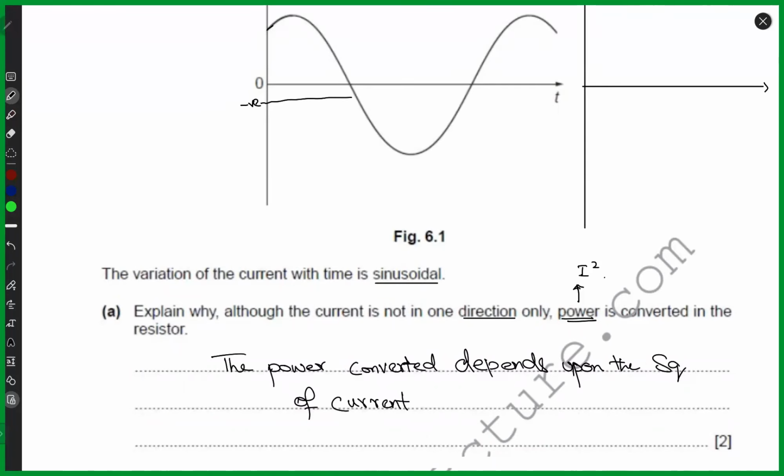And remember, it's for 2 marks, and they have talked in terms of direction as well. So they're saying that although the current is not in one direction only, they're giving some reference to the direction.